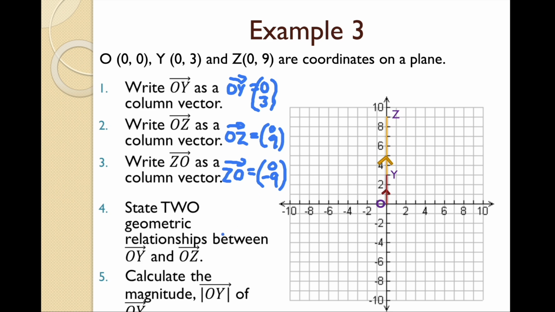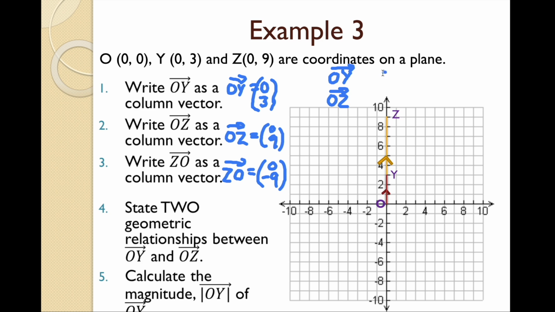Now, what are the geometric relationships between the two, OY and OZ? They're collinear, right? And triple the size. So the thing that we had to make sure of first is the size, we checked that first. So when I compare OY, which is 0, 3, and 0, 9, I realize that's 3 times the size.